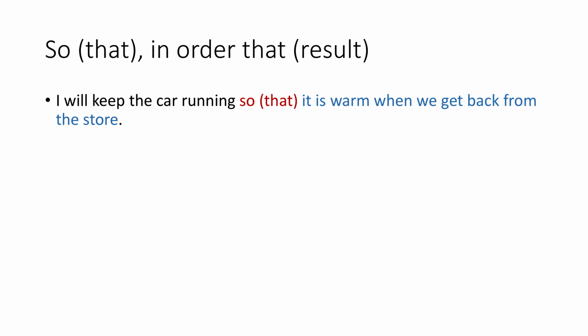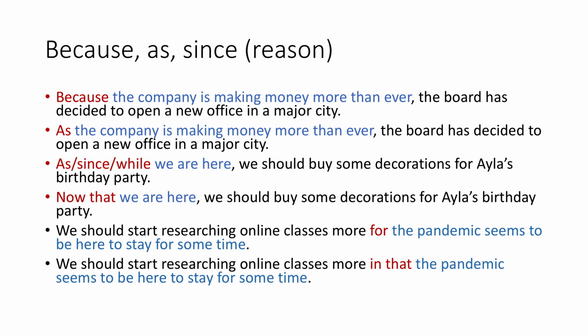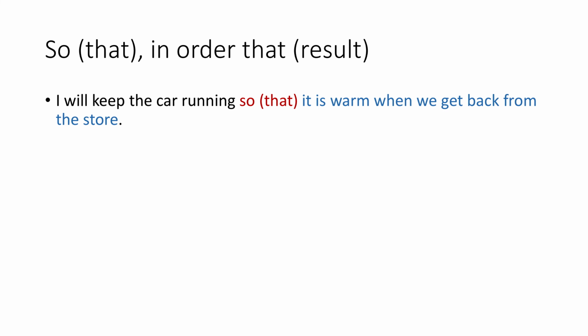Now you can turn this into a structure similar to what we saw here, but you have to make some changes. Remember, here, so that has attached itself to the result. And the cause now is in the main clause.